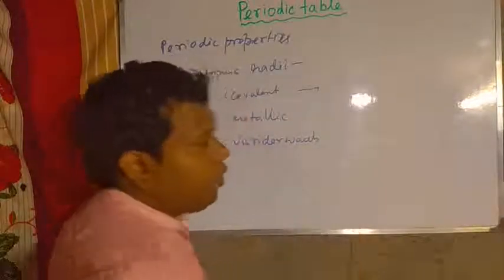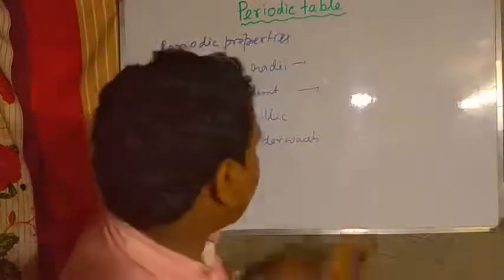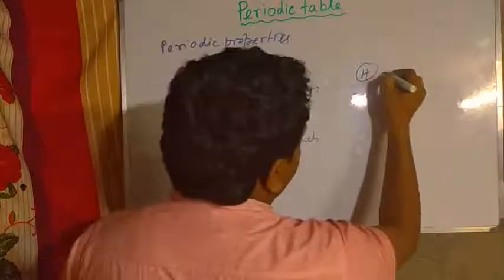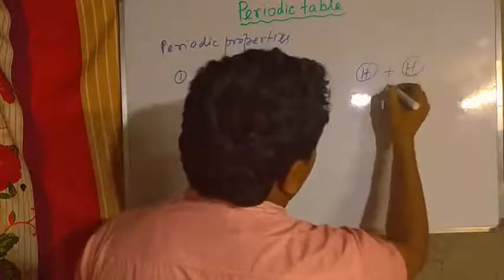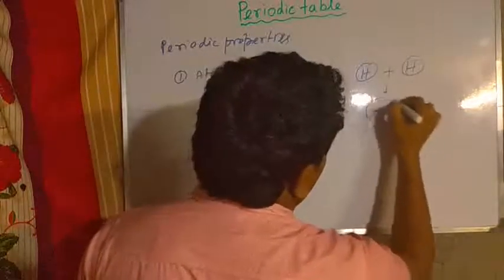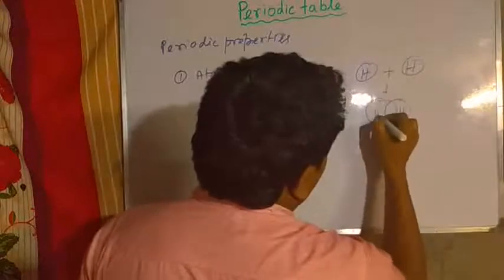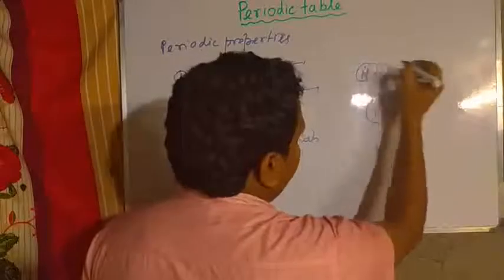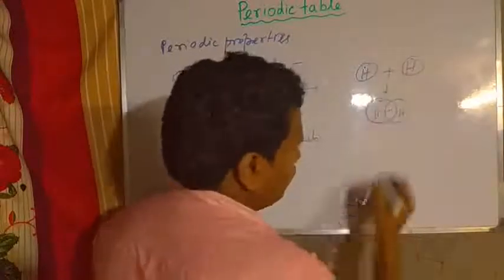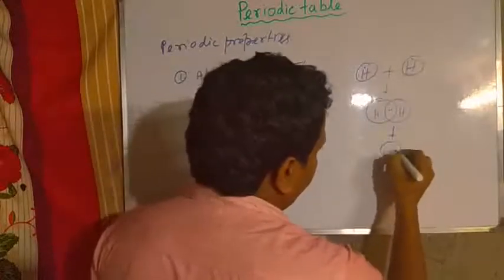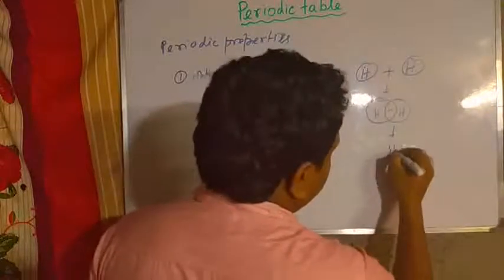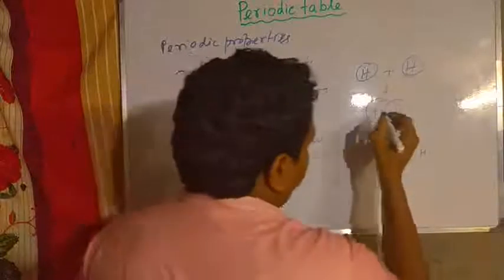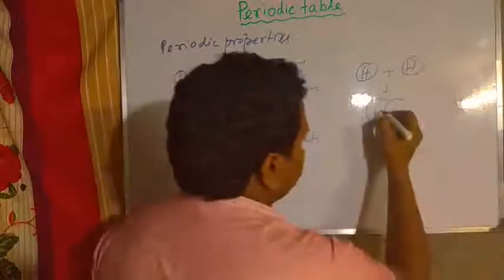What is covalent radius? When two atoms are covalently bonded, like H plus H forming H2, they overlap each other, one electron from each, and form H2. Now, what is the covalent radius?